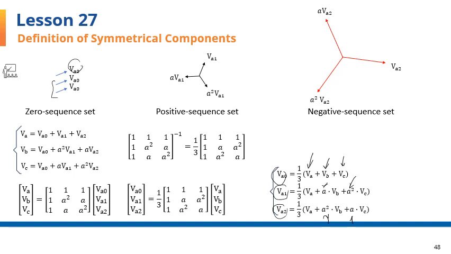For the positive sequence set, we just rotate each to get VB1, and 120 degrees again to get VC1. And once we have VA2, which again we'll find from these equations, you rotate it in a positive direction, you get VB2, and another 120 degrees in a positive direction, you get VC2 out of that.